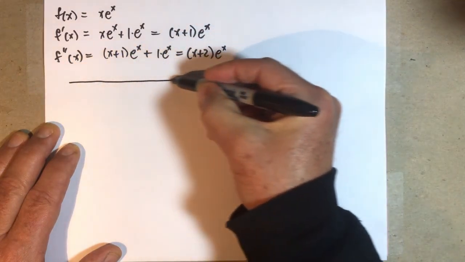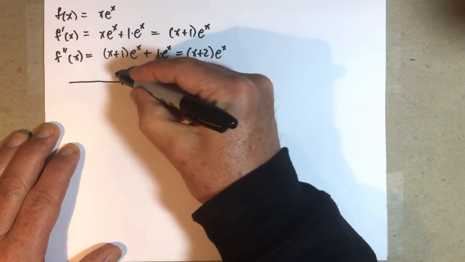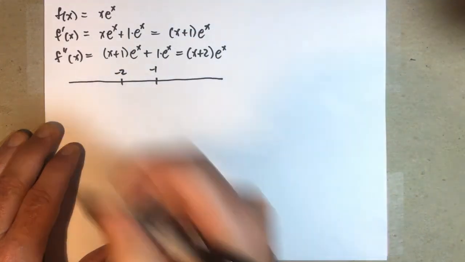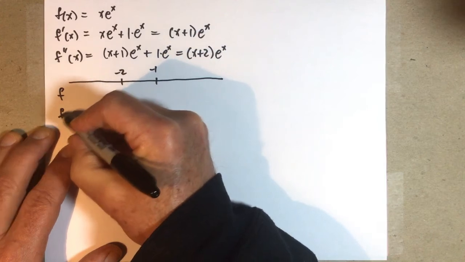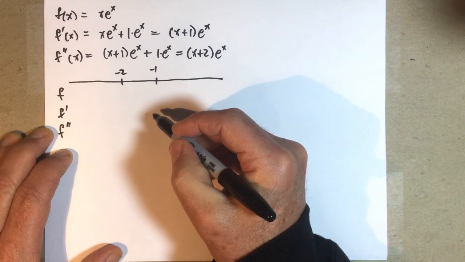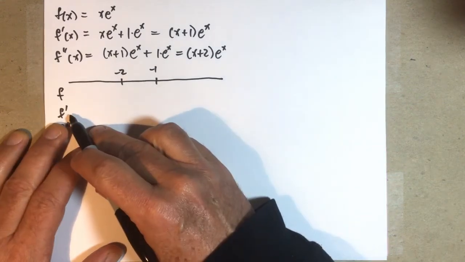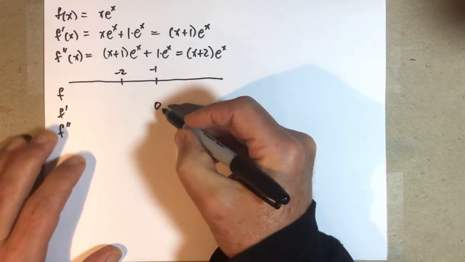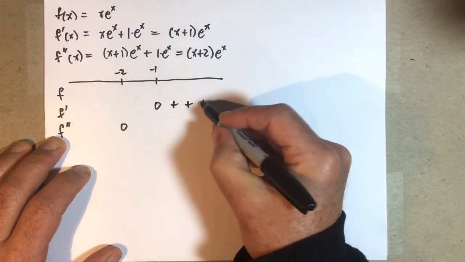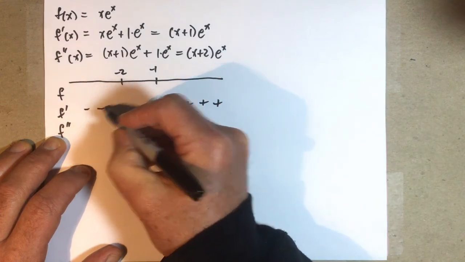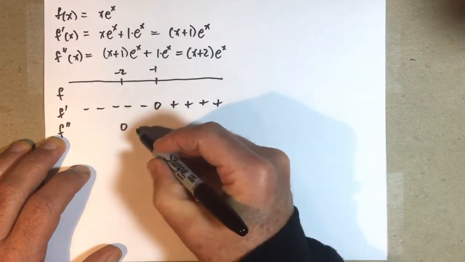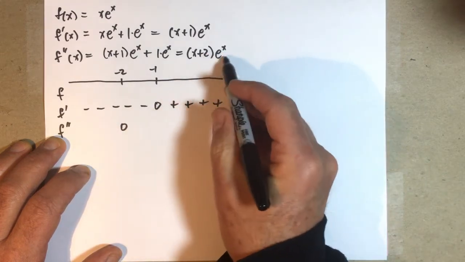We mark out those 2 points on an x-axis, just a one-dimensional description of the function. What's going on? We list f, f prime, and f double prime separately, noting where they're 0 and where they're positive or negative. F prime is 0 here, f double prime is 0 here. For x bigger than -1, f prime is positive. For x less than -1, f prime is negative. And for x bigger than -2, everything here is positive.